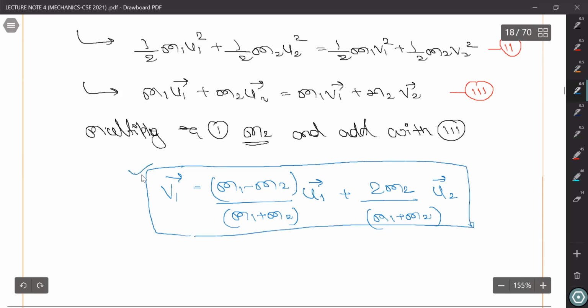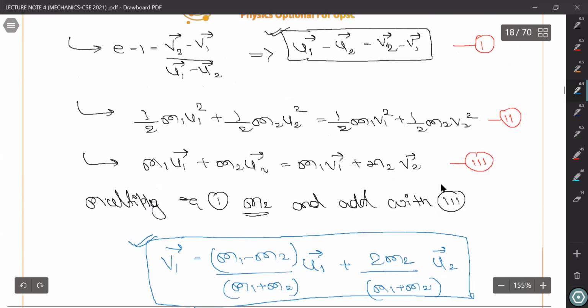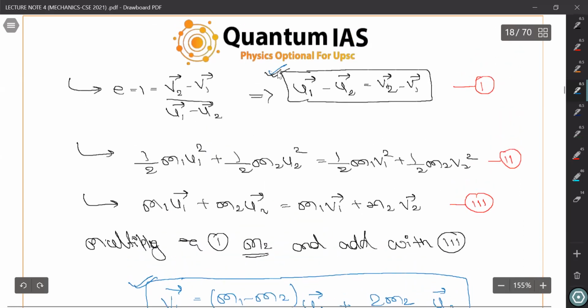You can write this. So this is a very simple way to show this. But if you are asked to derive this equation in your UPSC examination, you will not use this coefficient of restitution because it is nowhere mentioned in the syllabus.